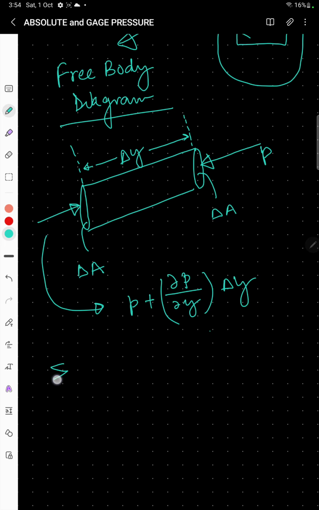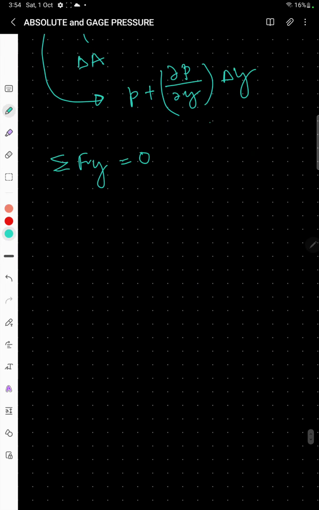So what we can write is that Fy is equal to 0. Let's figure out what the forces are.